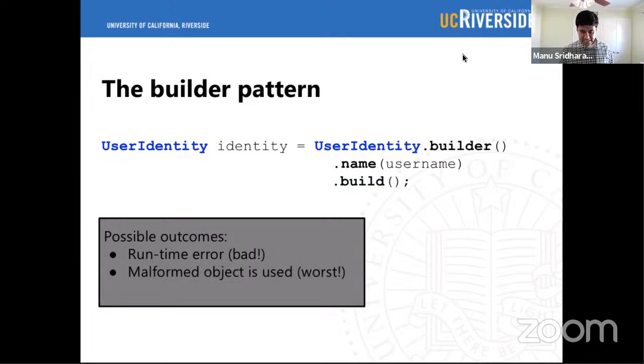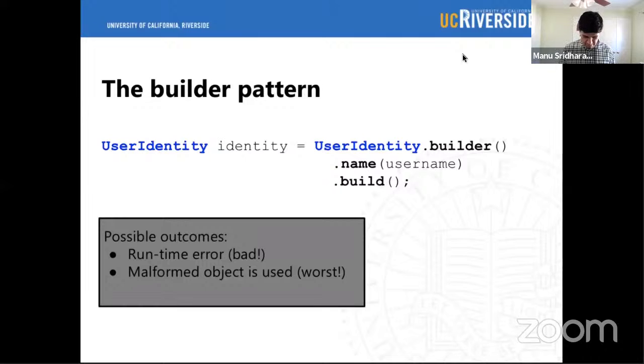Even worse, sometimes you don't get an immediate error, you just end up with a malformed object. And we saw that this can even lead in some scenarios to security vulnerabilities when you don't invoke the right methods to construct your objects in a secure fashion.